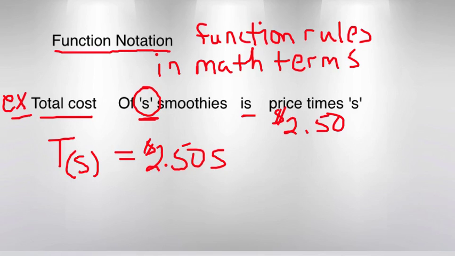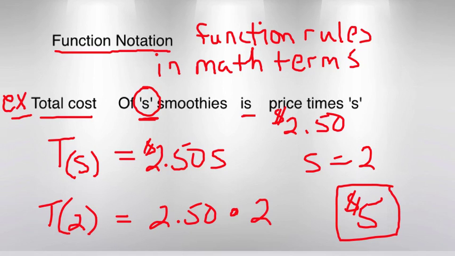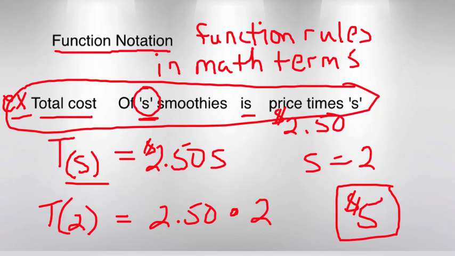So if I substitute in for S, the variable, let's say I'm going to substitute in 2. S equals 2. So I would write the total cost for 2 smoothies is going to be $2.50 times 2, and that's going to equal $5. Okay, so that's using function notation and figuring out the cost of a smoothie, taking all these words and putting them into a nice short equation.